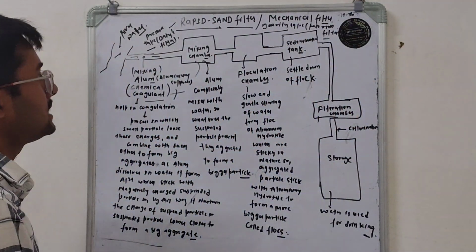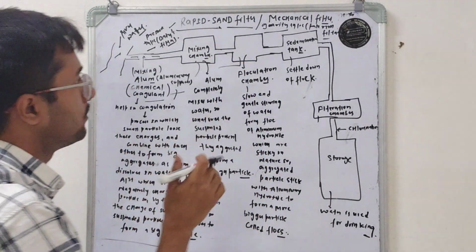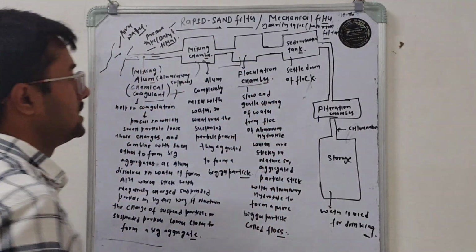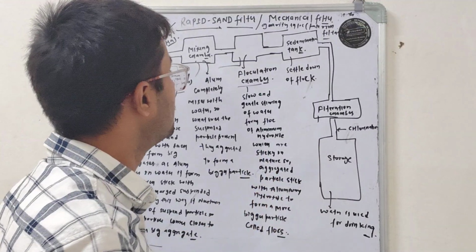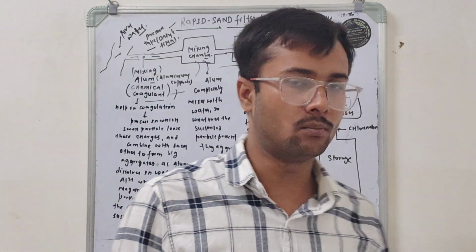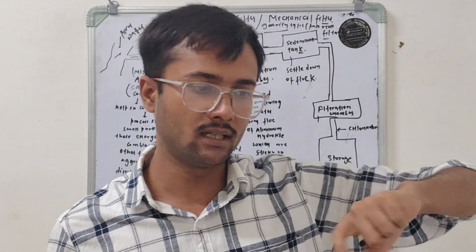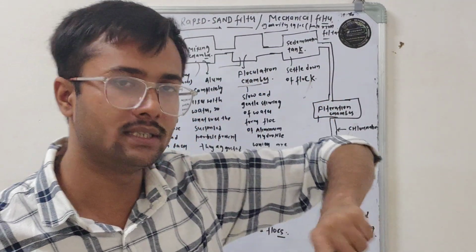After the mixing chamber, the water moves to the next chamber, the flocculation chamber. So what happens in the flocculation chamber? There are paddles, and these paddles stir the water gently.